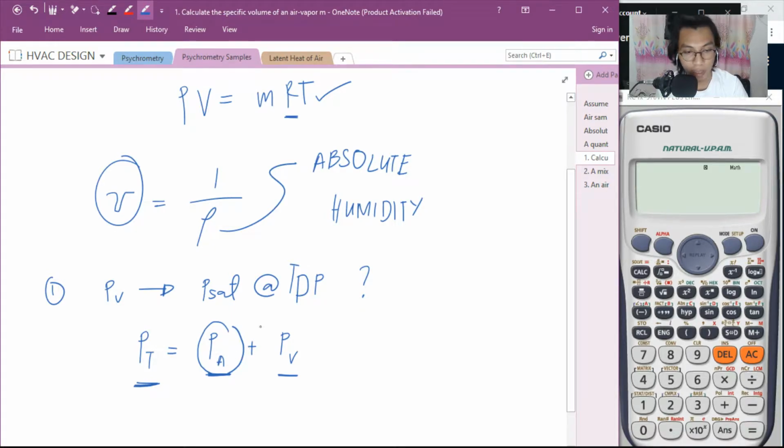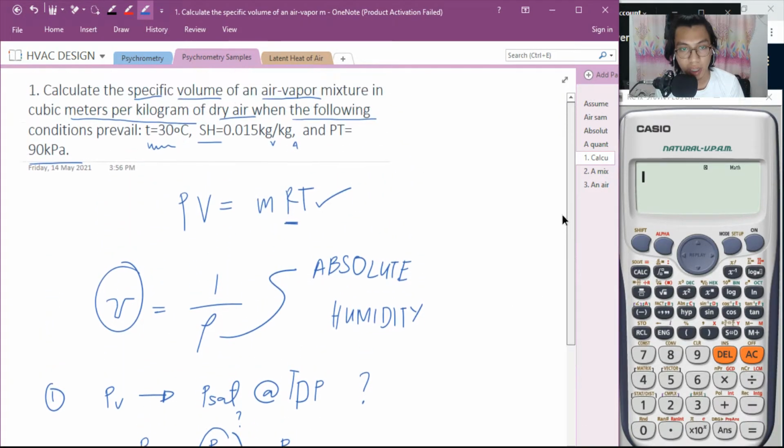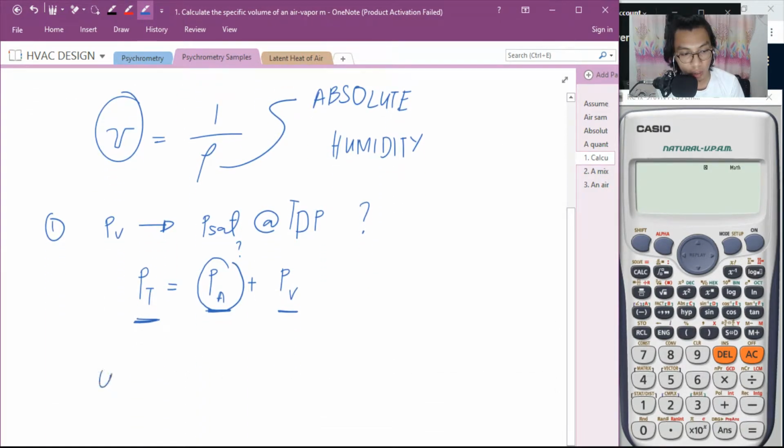Okay? Ay, hindi pala. Itong kinukuha mo yung PA. Yung PV, saan makukuha yan? Sir, pwede natin itong makuha. Ano po ba yung meron ka dyan? Meron kang specific humidity or the omega. Omega is equal to 0.622 PV over PA. But, wala tayong PA.